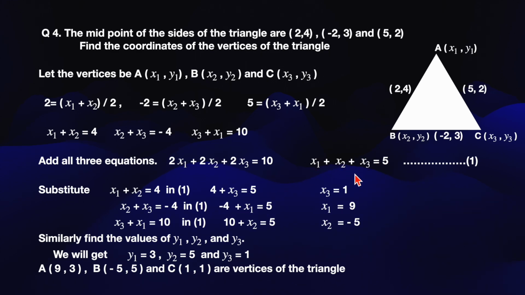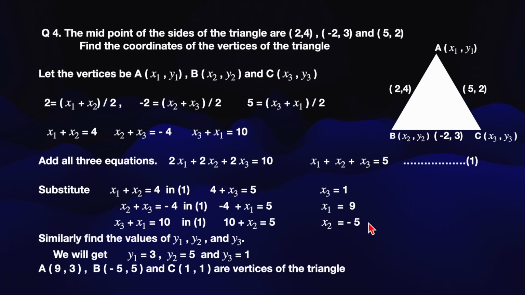So minus 4 plus x1 is equal to 5. So x1 is equal to 5 plus 4, that is 9. Similarly, the third equation x3 plus x1, I am going to substitute in this main equation, and I get the value of x2. x2 is equal to minus 5.